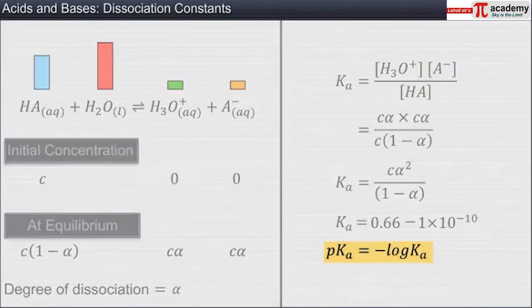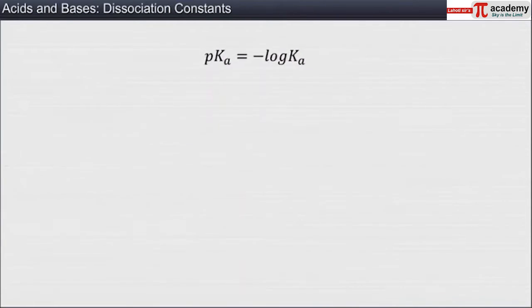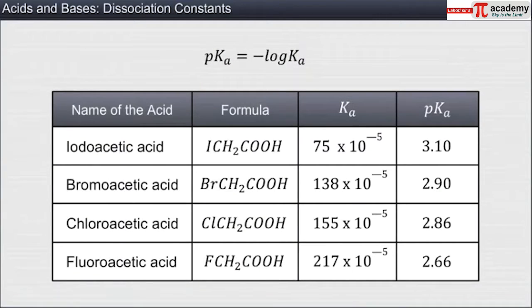The stronger the weak acid, the higher the value of Ka, and the lower is the value of pKa. For example, among the halogenated fatty acids, fluoroacetic acid with a higher value of Ka and lower value of pKa is the strongest.